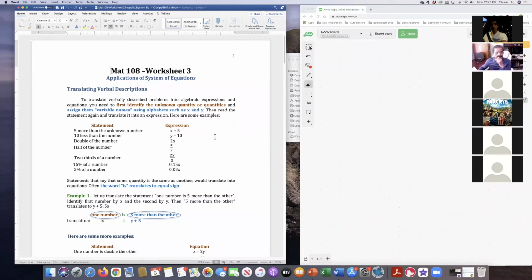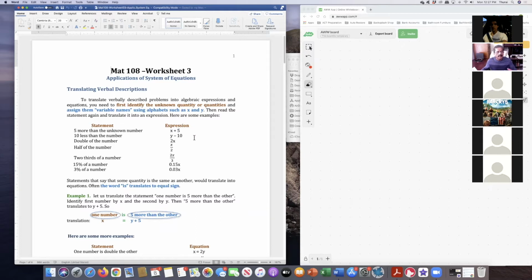It is usually helpful to write down what X represents and what Y represents, and then read again and identify the equations. There are statements that will translate to equations, and you need to identify them.